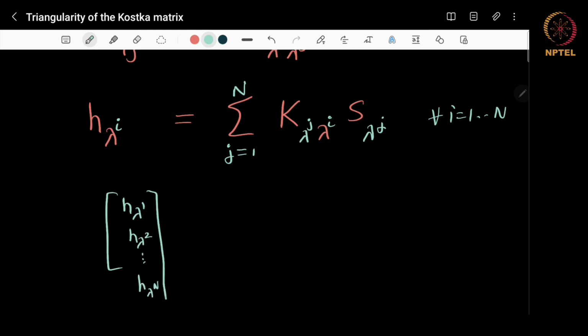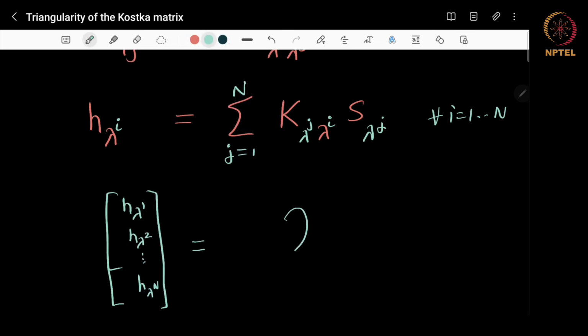So lambda n, then this is nothing but the K matrix, right? So this is a summation, the ji-th element of the script K matrix. In other words, I have to look at the script K matrix and take its transpose.